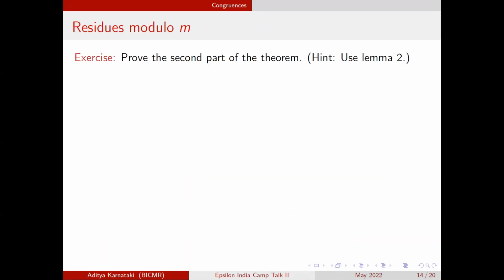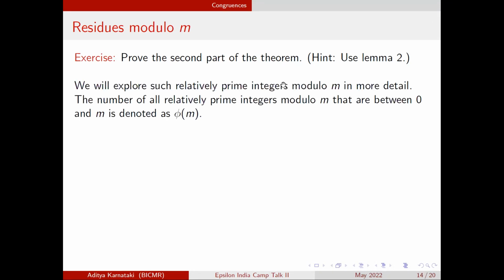And so an exercise is to prove the second part of the theorem, that any two solutions differ by a multiple of n. And for this, you need lemma 2. Again, it's a simple verification. We'll explore these relatively prime integers modulo m in more detail. The number of all relatively prime integers modulo m that are between 0 and m is denoted as phi of m, which you must have seen sometime.